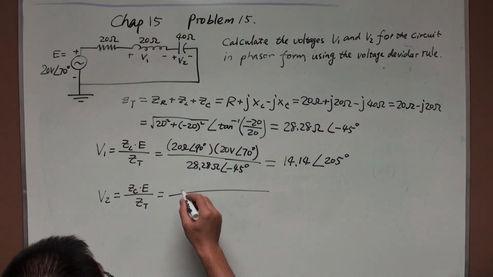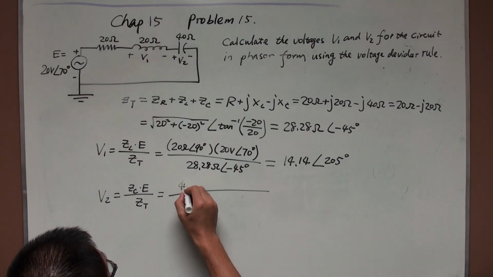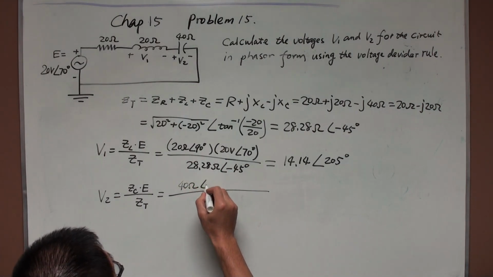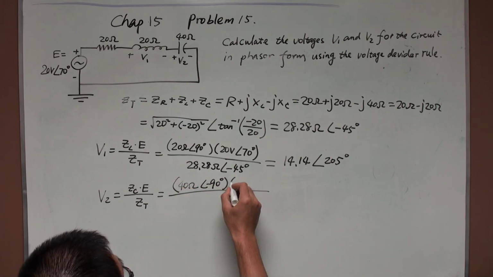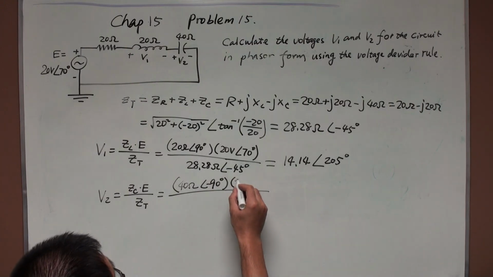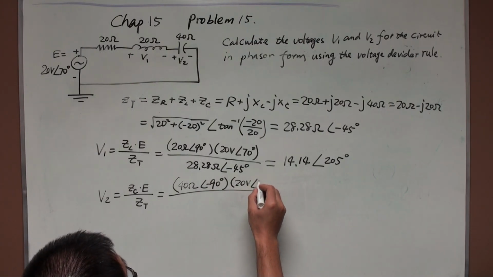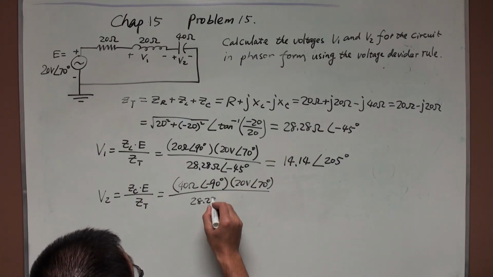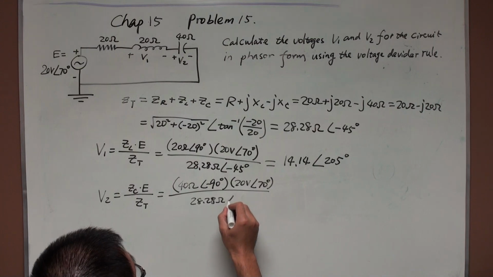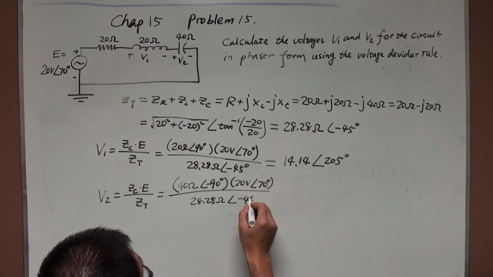So for the capacitor, the impedance is 40 ohms with negative 90 degrees, right? And times E is 20 volts with 70 degrees, over ZT, which is 28.28 ohms with negative 45 degrees.